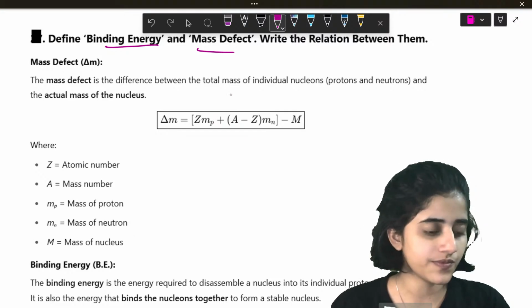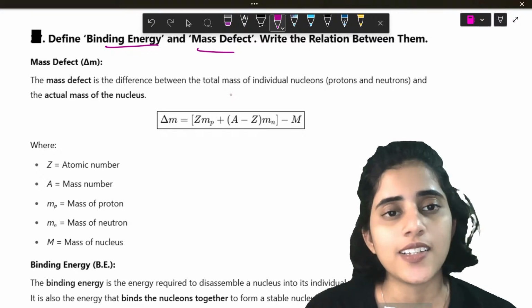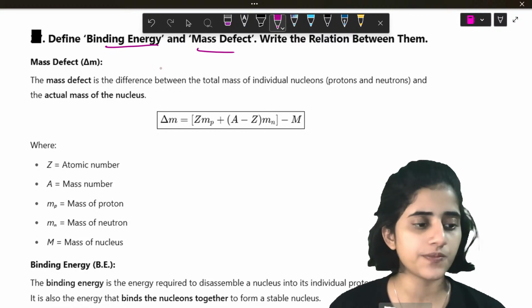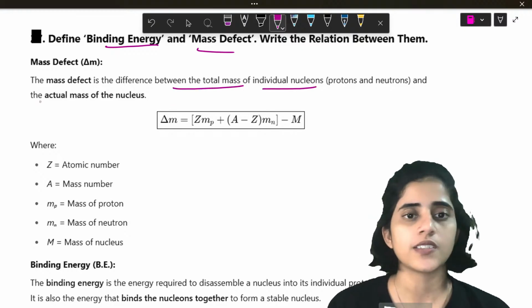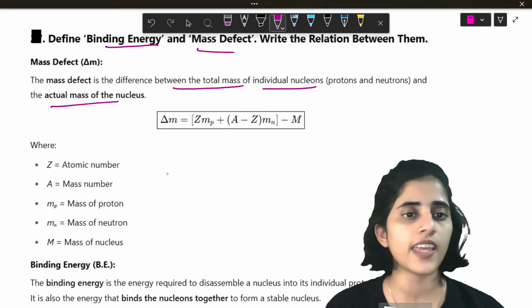So, what is mass defect? Mass defect is the difference between the total mass of individual nucleons and the actual mass of the nucleus.